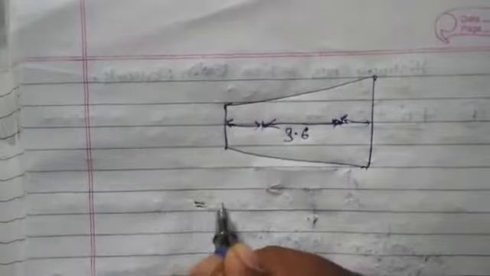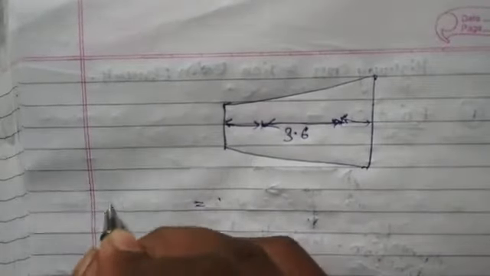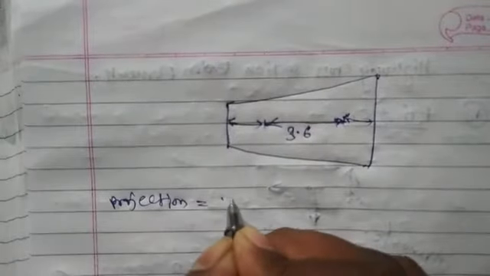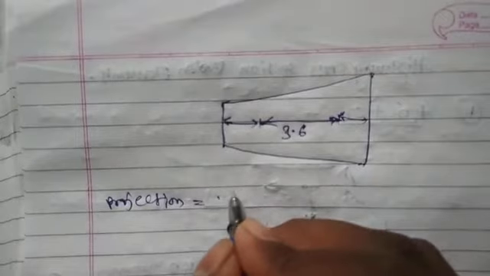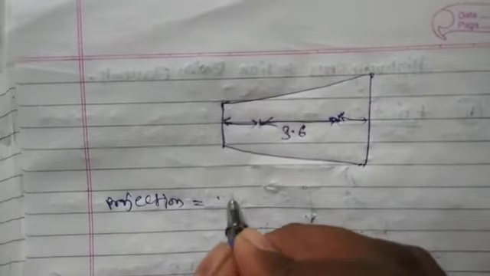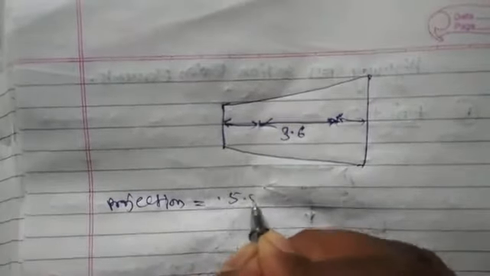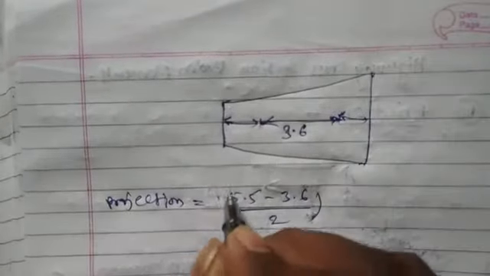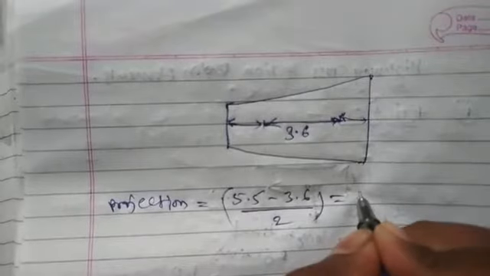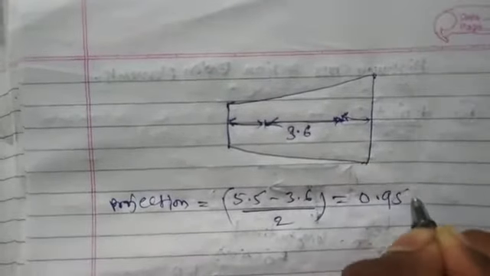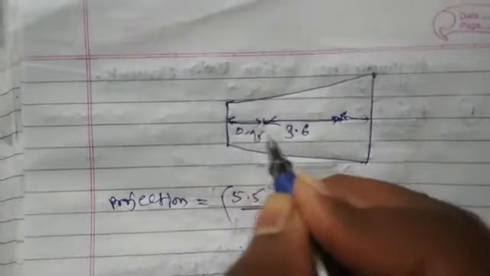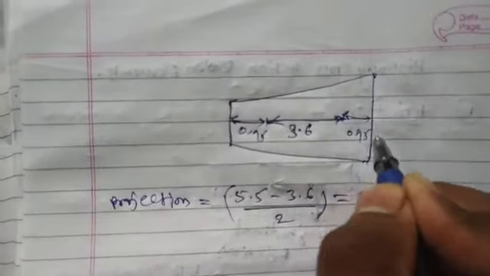In order to find that projection, we divide the rest into equal parts. So 5.5 minus 3.6, divided in two parts, will be 0.95 meter. So this will be 0.95 meter, and this is again 0.95 meter.